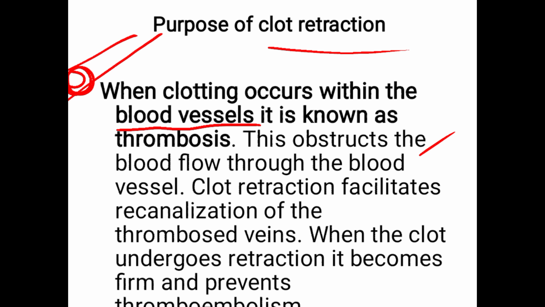Clot retraction facilitates the further flow of blood. When the clot undergoes retraction, it becomes firm and prevents thromboembolism. Thromboembolism means spread of the blood clot. So that is a disease condition.